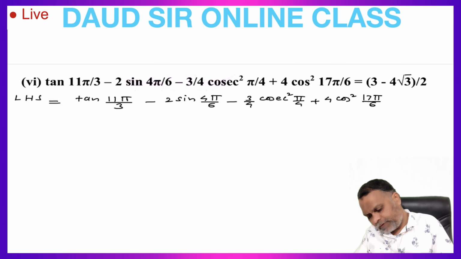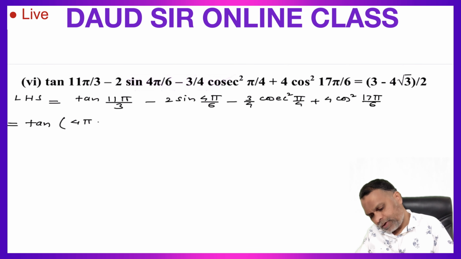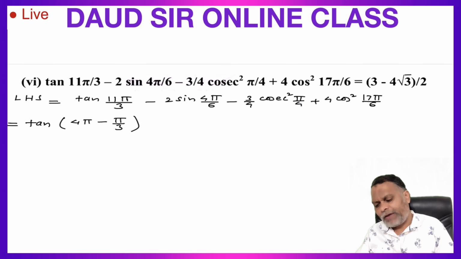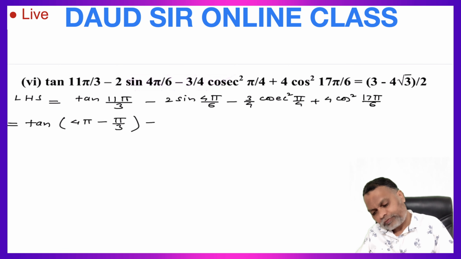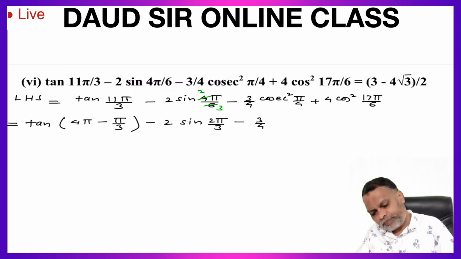So which is equal to tan, this 11 pi by 3: 3 4s are 12, so 4 pi minus pi by 3. Take LCM 3, 3 4s are 12 pi minus pi, 11 pi by 3. Minus 2, this we can cancel, 2 2s are 4, 2 3s are 6, sine 2 pi by 3, minus 2 sine 2 pi by 3, minus 3 upon 4.